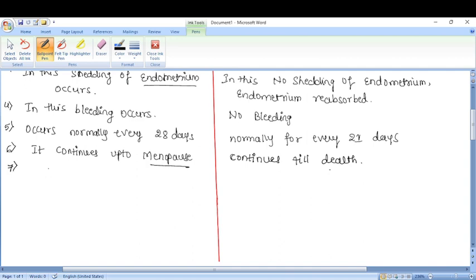Next difference, phases of the menstrual cycle.